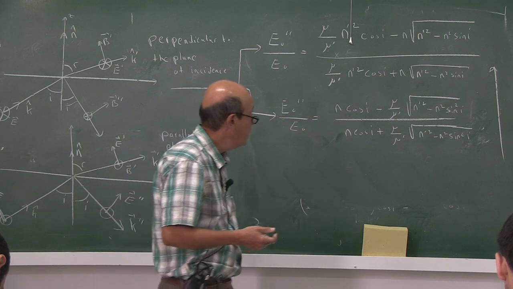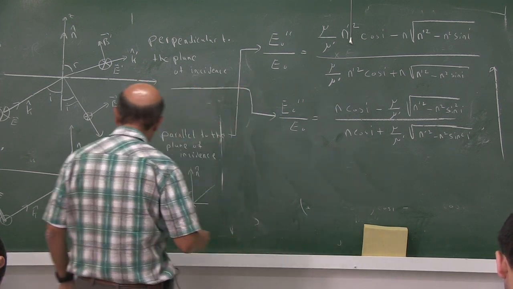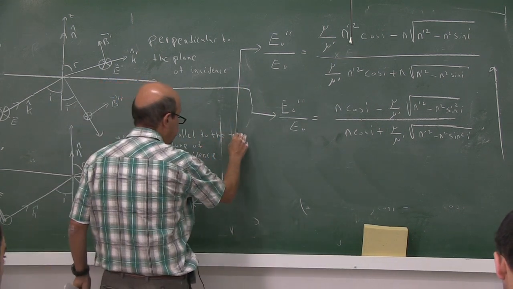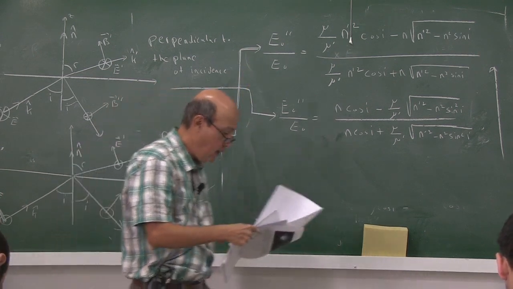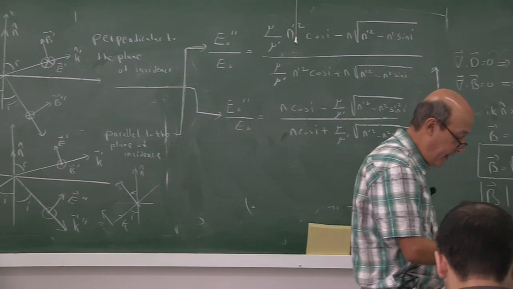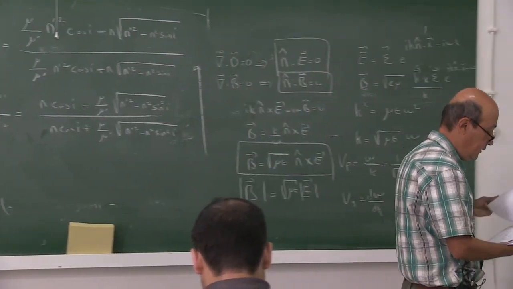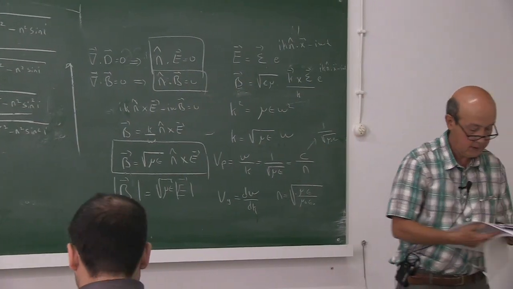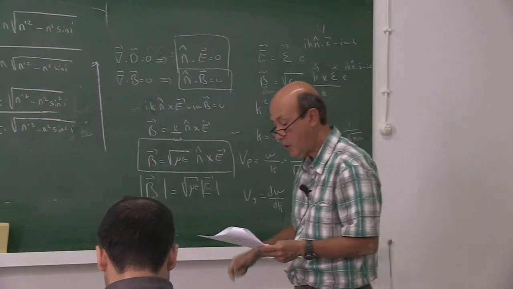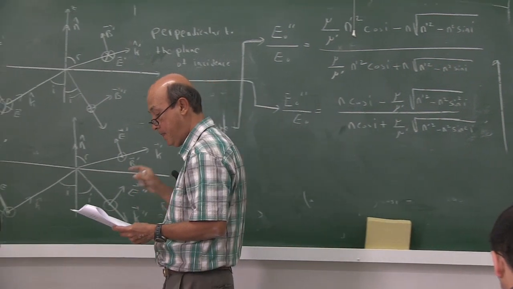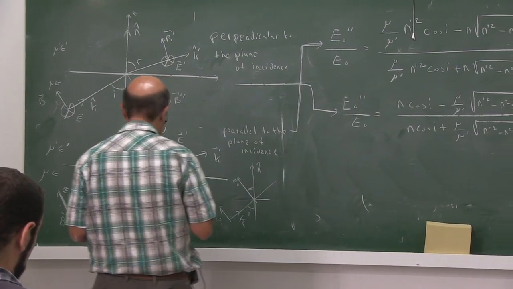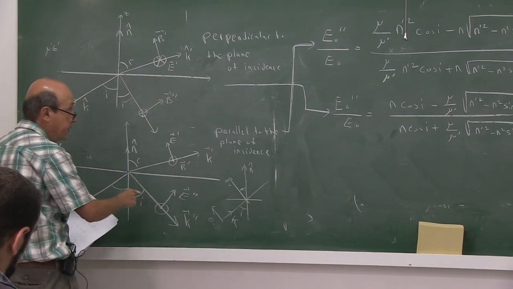The particular mode parallel to the plane of incidence is important because at a particular incident angle, which is called a Brewster angle, the reflection goes to 0.